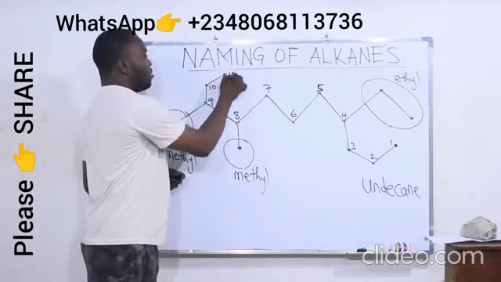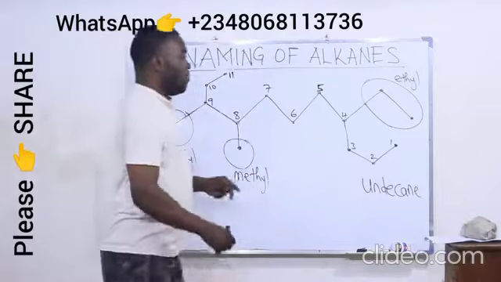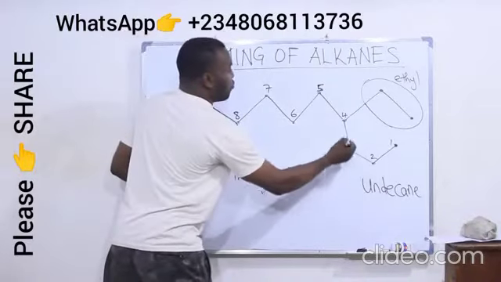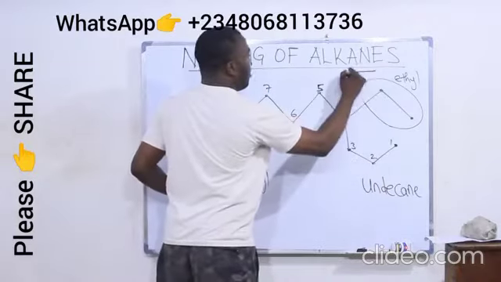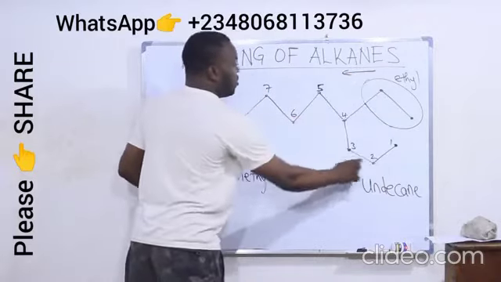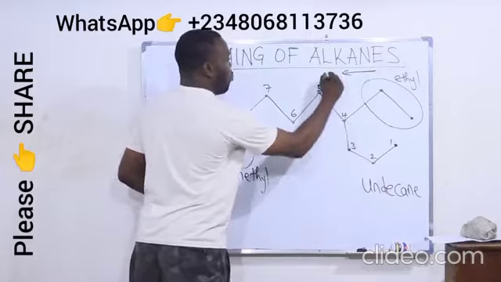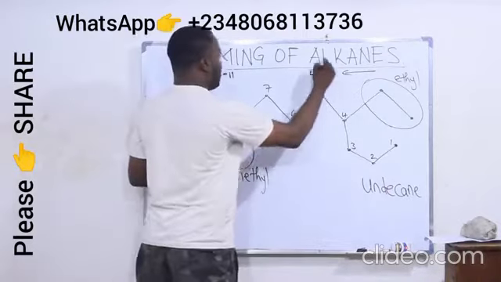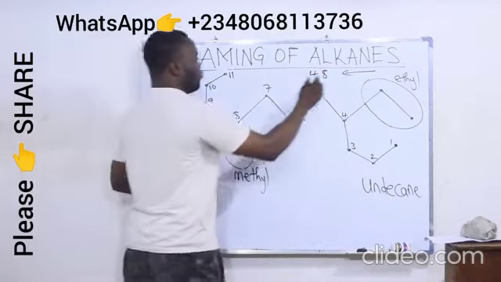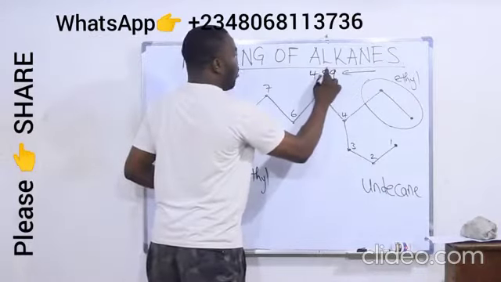If I number the longest chain from this end, my attachments will be at position 4, the second one at position 8, and the last one at position 9, which is 489.